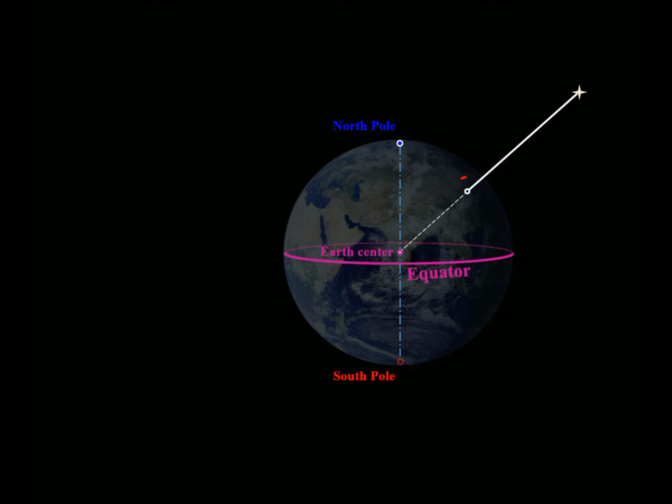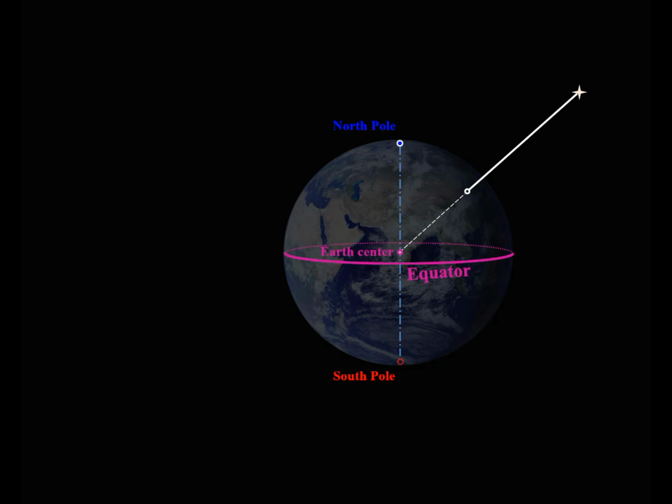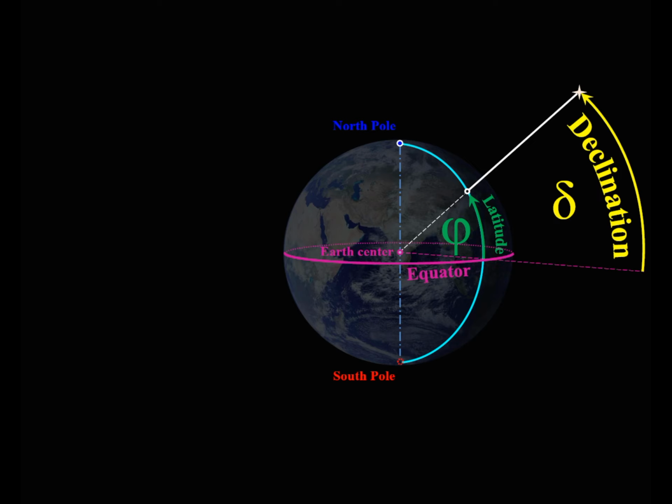The point of intersection of the line with the Earth's surface will be the projection of the star. The latitude of this point corresponds to an arc that runs from the equator along the meridian line. The projection latitude of the star and the declination of the star itself correspond to the same angle.